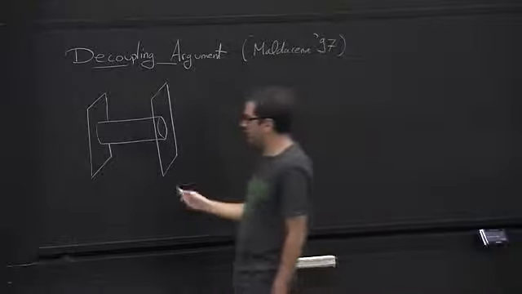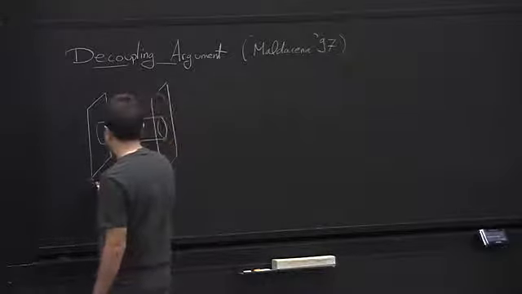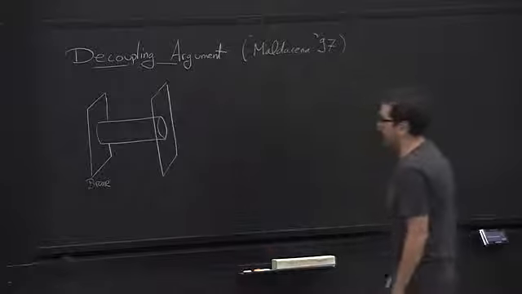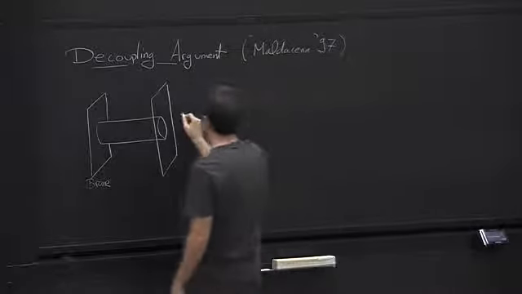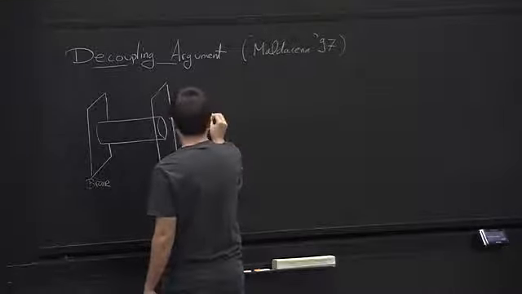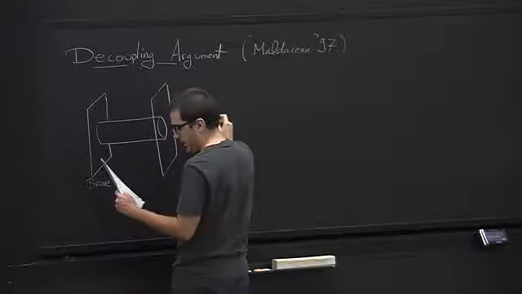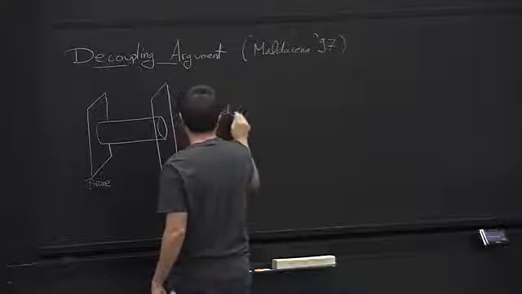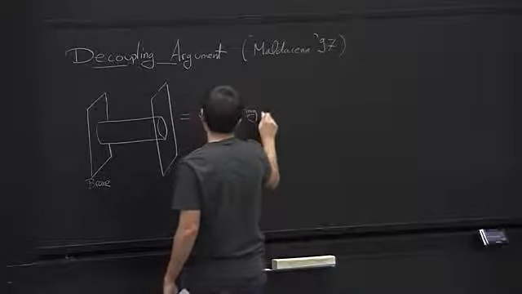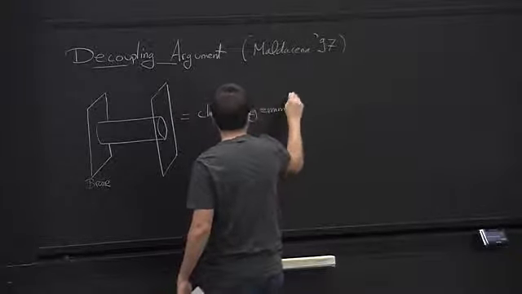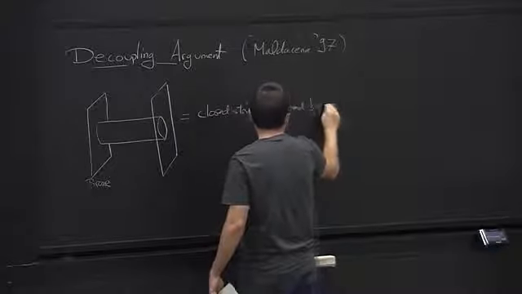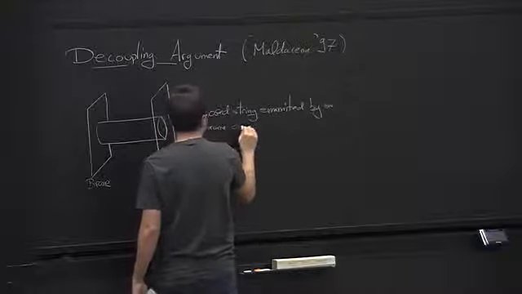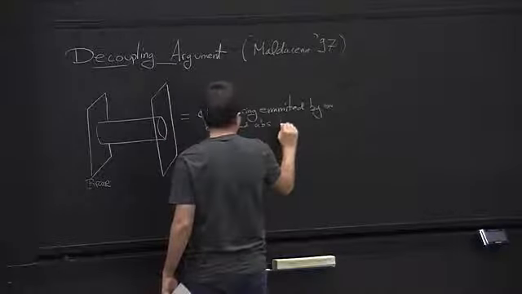This is a brane, this is another brane. There are two ways of thinking about this. You can think of this as a closed string emitted by one brane and absorbed by the other brane.